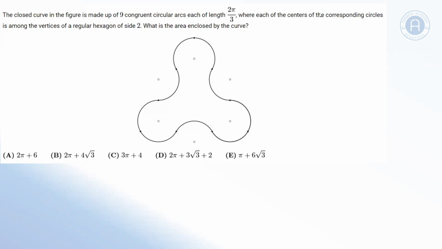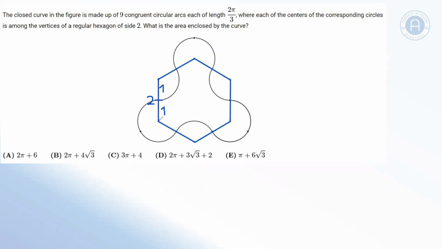Now, if we look at our diagram here, we can see that hexagon very clearly. And we can see that the way that splits our arcs, each of these arcs has a radius of 1, because if our hexagon has a side of 2, then clearly our arcs must each have a radius of 1. Now, looking at these arcs, it looks like each one is 1/3 of our entire circumference, but we should check that.